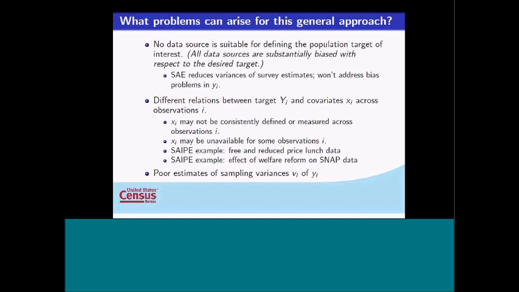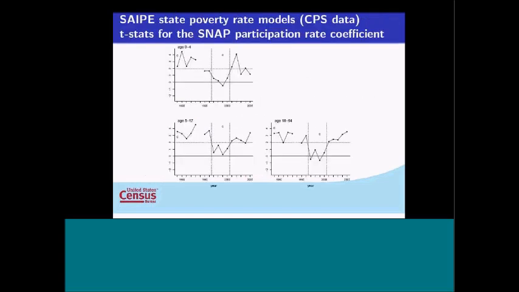Another one that came up was with welfare reform. It affected the nature of the SNAP data, formerly known as food stamps. And what happened was, this is key statistics on the regression coefficient on our SNAP participants data, for 3 age groups that we model.